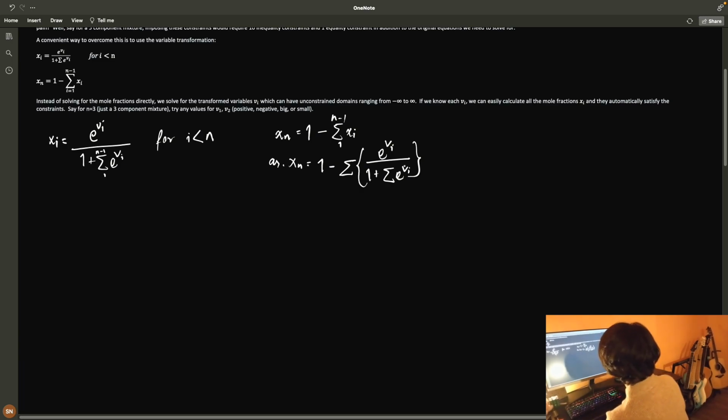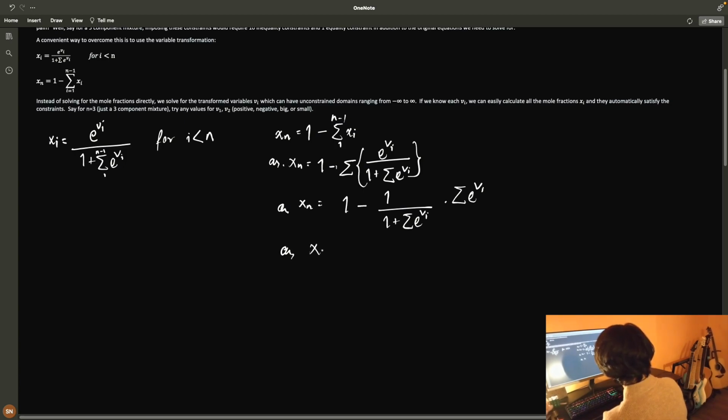Now, if we calculate this particular summation in the denominator, we'll realize that it's actually a constant, so we can take it outside of the outer summation. So xn equals 1 minus 1 over 1 plus the summation of e raised to the power of vi, times the summation of e raised to the power of vi.